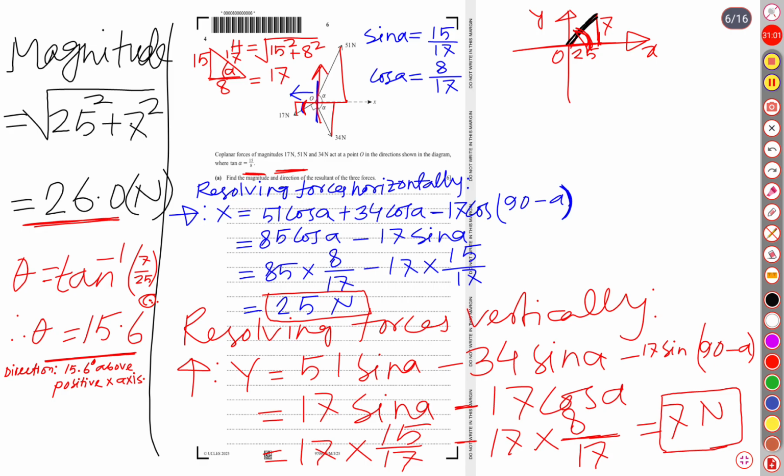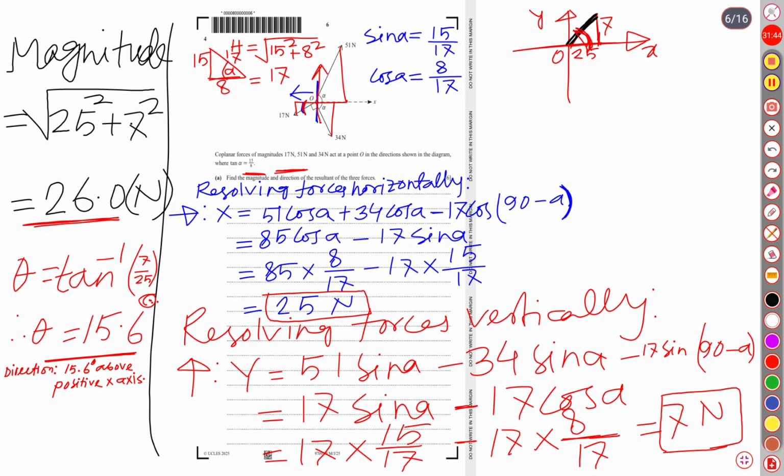The length of the hypotenuse is the square root of adjacent square plus opposite square, and in total we got 26 Newton as the magnitude. And for direction, we know both vertical and horizontal length, so we can apply the tan formula. Theta is equal to tan inverse of 7 over 25, then we got theta is equal to 15.6 degree, and definitely the angle is lying above the positive x-axis, which means the first quadrant.